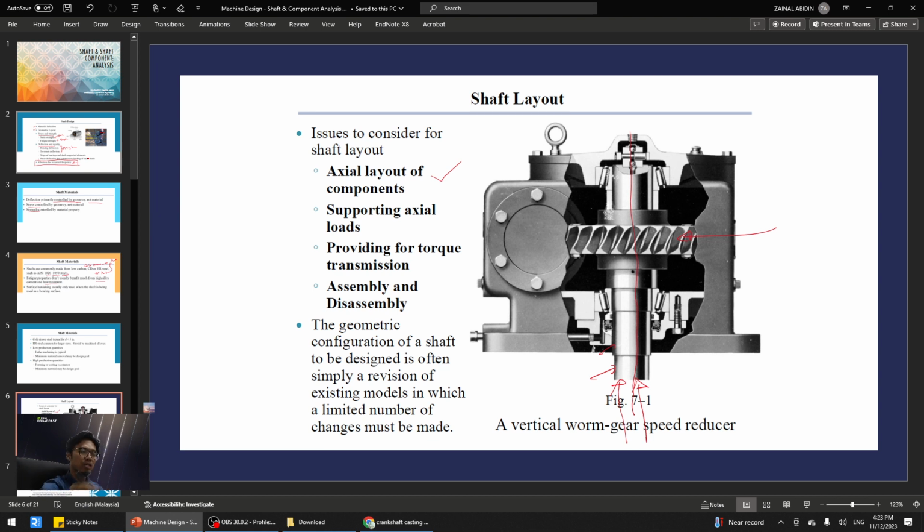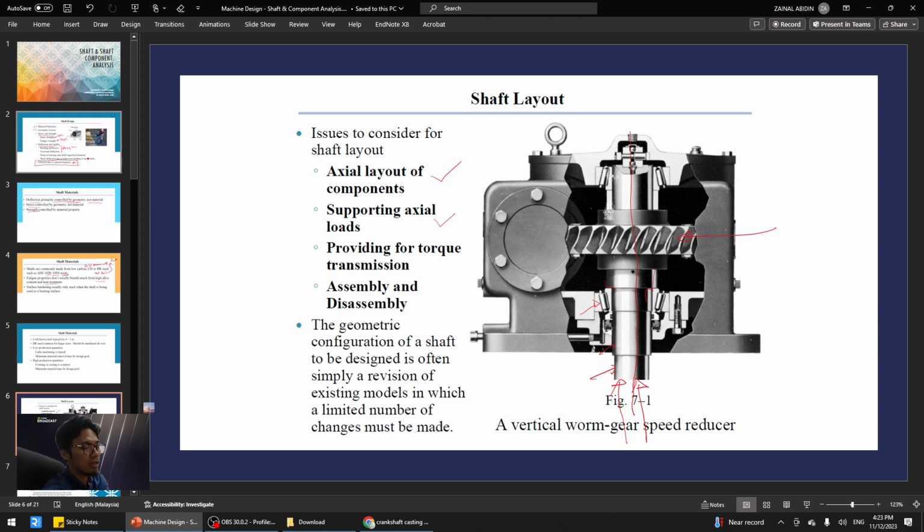Contoh you punya shaft ni, kemudian ada axial loading kat bawah ni. So apa yang membantu shaft awak ni tetap pada position dia? So you must consider supporting the axial load ni. So selalunya bearing punya position dengan angle of shoulder ni akan bantu dia. Okay, kalau you select not correct type of bearing pun akan masalah dengan axial load.